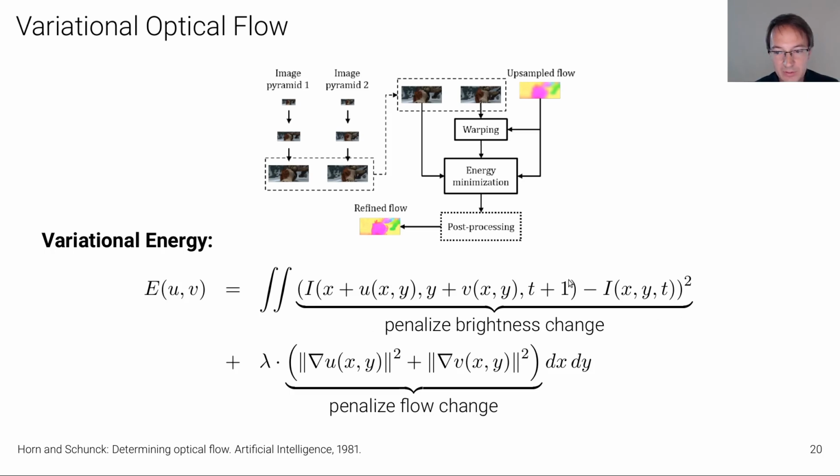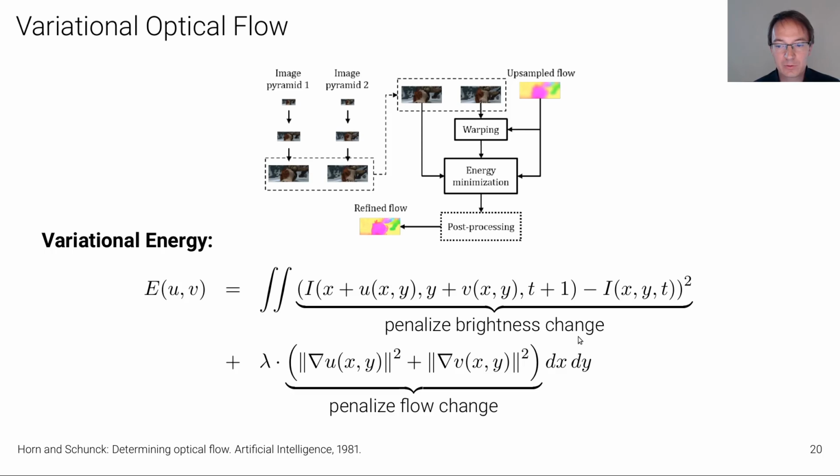Now, because this alone is insufficient and leads to a degenerate solution, typically regularizers are required. In this case, a simple quadratic regularizer on the flow field that encourages smoothness of the flow. The problem with this type of approaches is that they can only estimate optical flow over very small magnitudes.